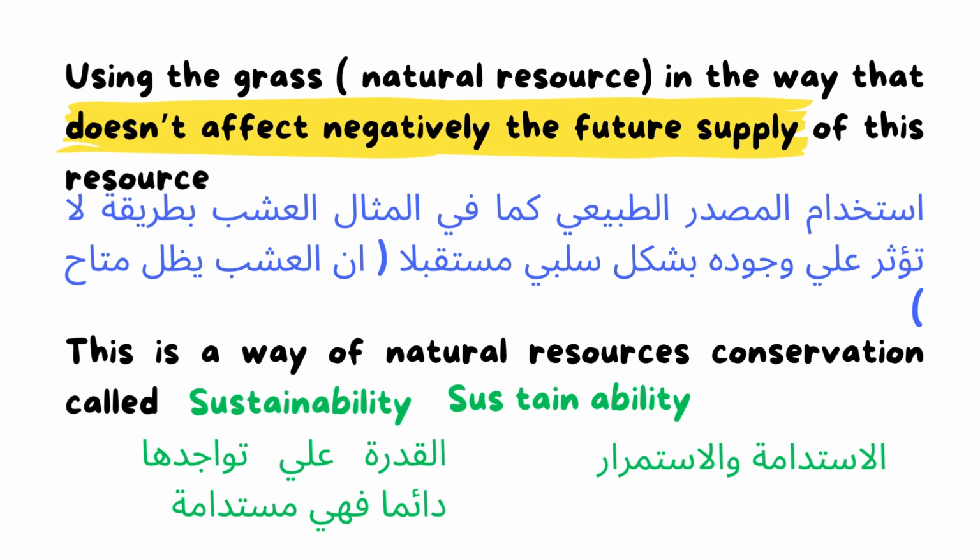This we call sustainability: to use the natural resource in a way that doesn't affect the future supply negatively, so that we can find this natural resource in the future.